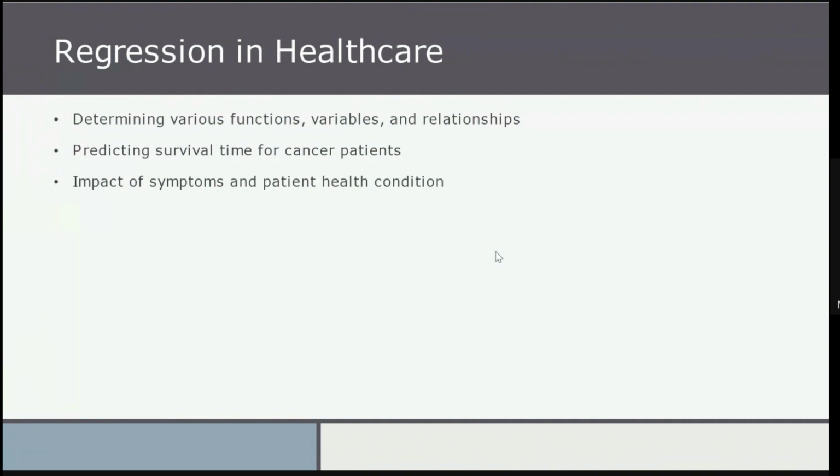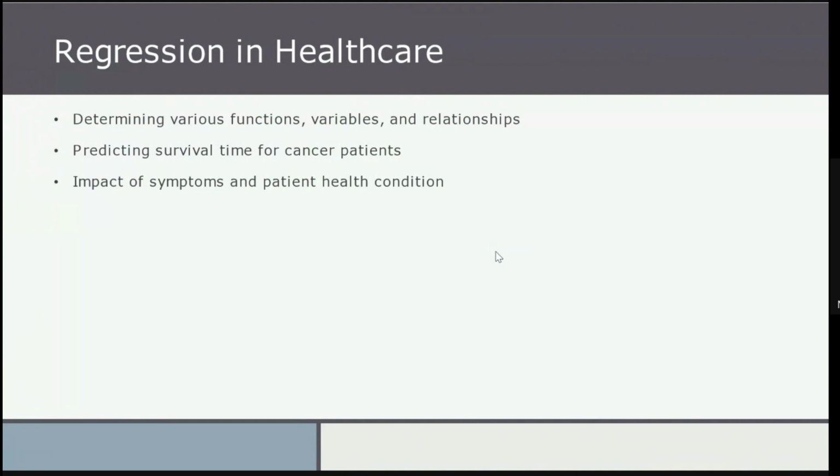Like intake of sugar leads to diabetes. So one causes the other. That's the relationship. It's not association. It's not just correlation. It is beyond that. It is regression. Right? Predicting the survival time of a cancer patient, through regression you can regress, and you can also predict it.